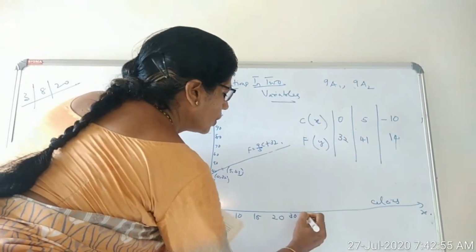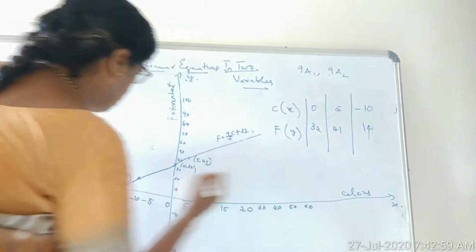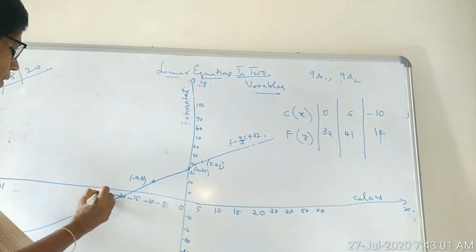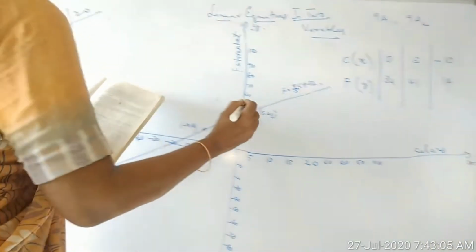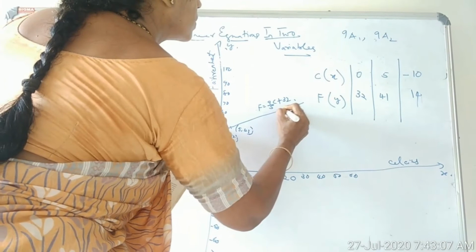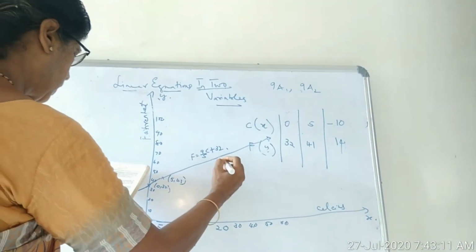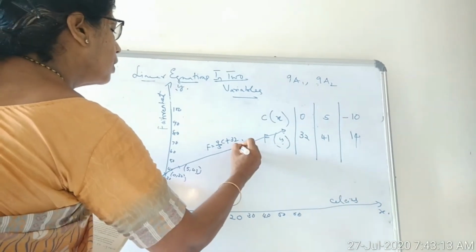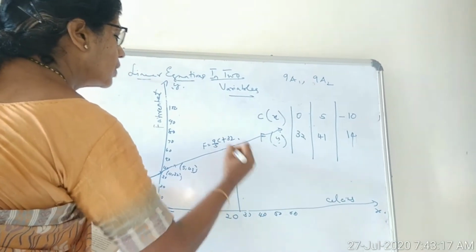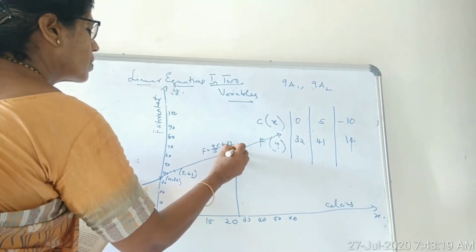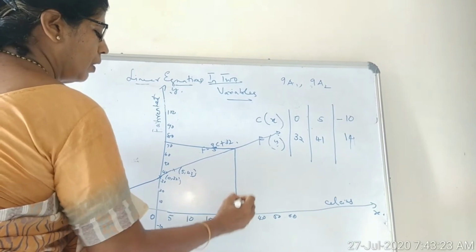If the temperature is 30 degrees centigrade, what is the temperature in Fahrenheit scale? At 30, draw a line touching the x-axis. The same line should be extended to y-axis.